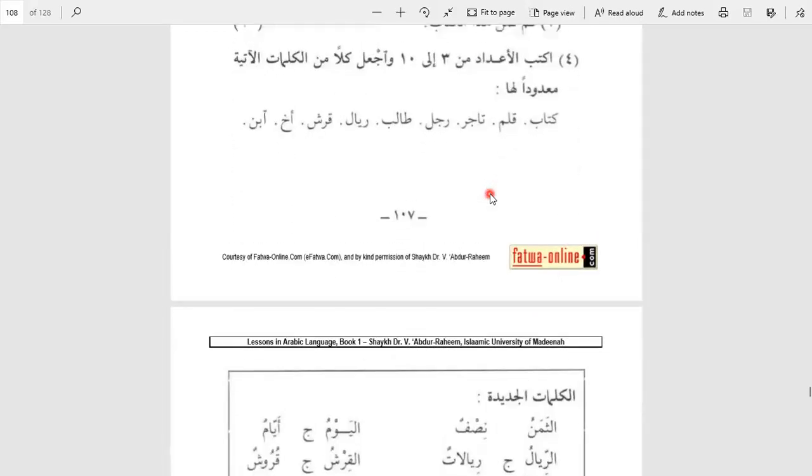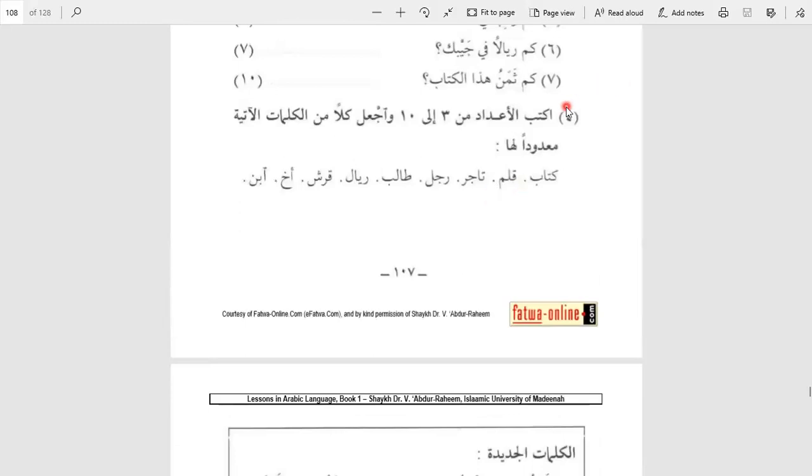Let's look at this. Write the numbers from 3 to 10 and make each of the following words the counted noun. So we are going to use the following words: kitab, book; qalam, pen; tajir, businessman; rajul, man; talib, student; riyal.